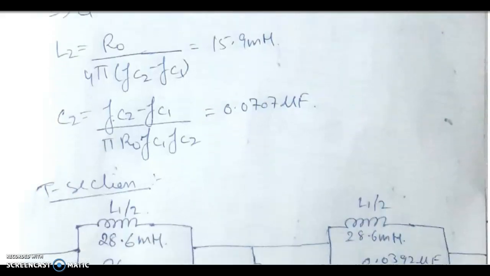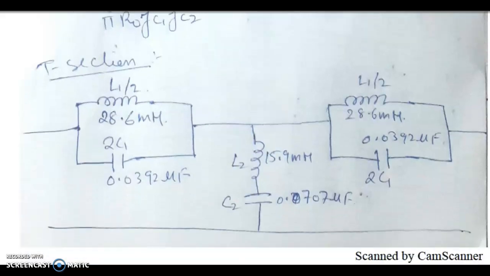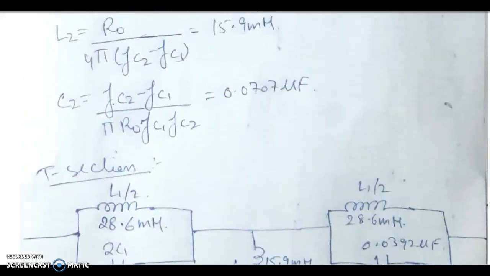When we draw the T section of this band stop filter, one thing we should note is that the value of this inductor is not L1 and this capacitor is not C1. Its value is equal to 2C1 and this value is equal to L1 by 2. But when we are doing the analysis, we are finding out the values of L1 and C1.